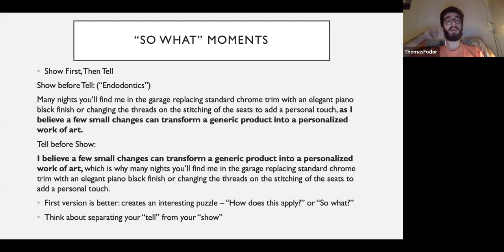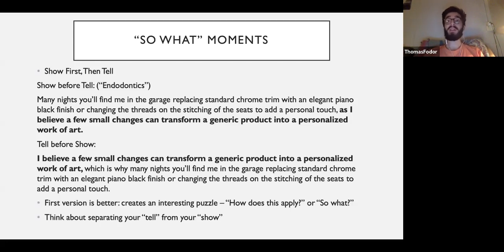For me, I think the first one, where it goes show and then tell, is a lot more interesting to read. That's because the first version creates an interesting puzzle where the reader is asking themselves, I know that this image or example is going to connect some way into the overall theme of the essay, but how is it going to do that?